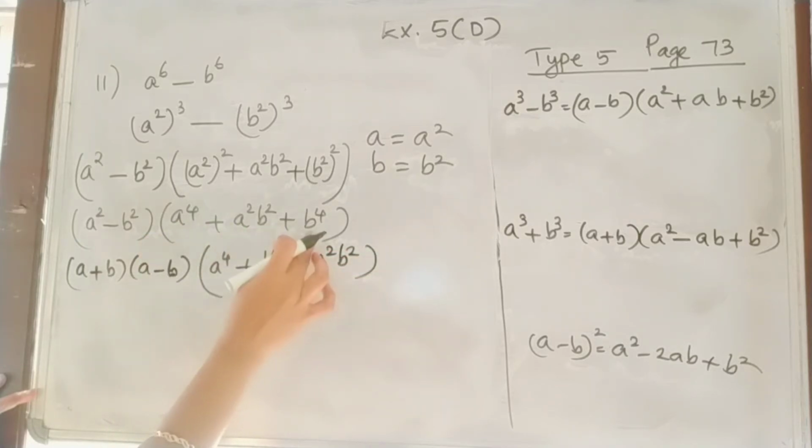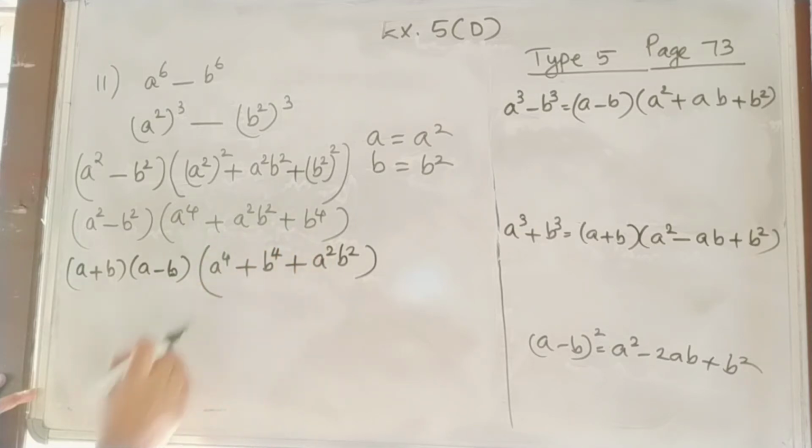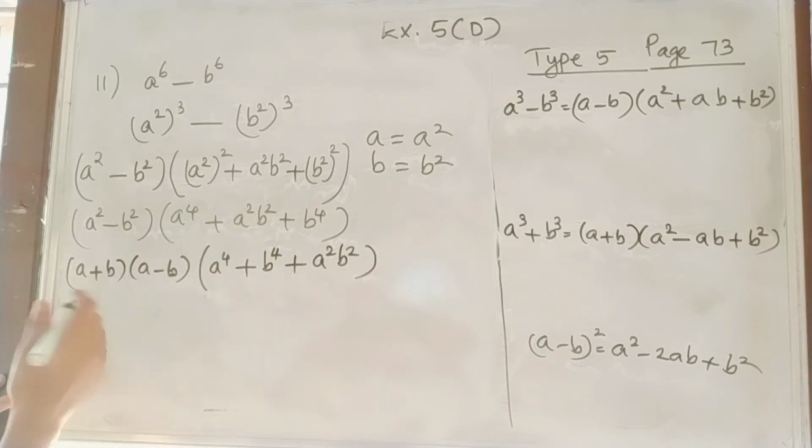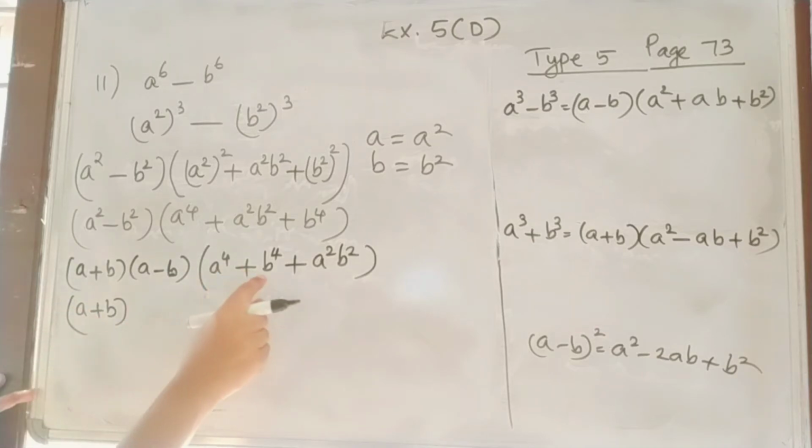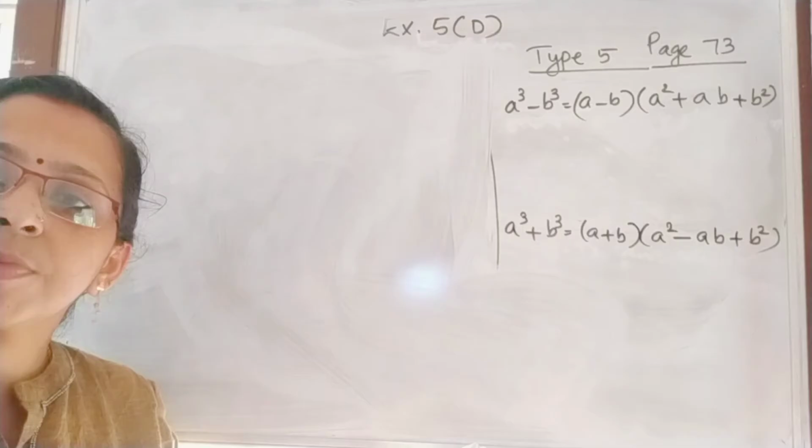Just rearranging only. Why we are doing this means, if we write this as a square plus b square, that is a square the whole square. How can we write that? A square plus the b square, a square the whole square we can write, no?